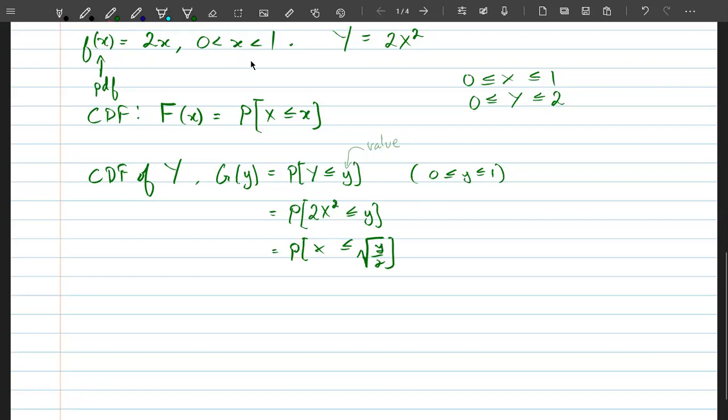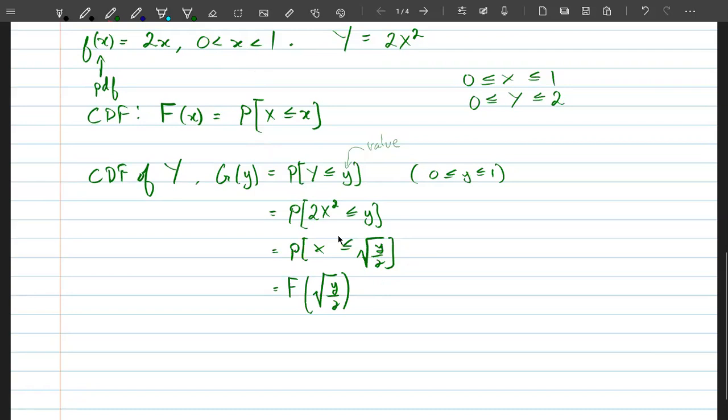But here X is anyway a non-negative random variable, so I'll take only the positive half. But now looking at this, this is exactly the CDF evaluated at this point. So this is exactly capital F of the square root of y by 2. So I get G of y is this.